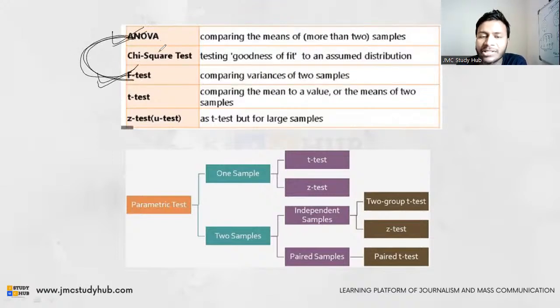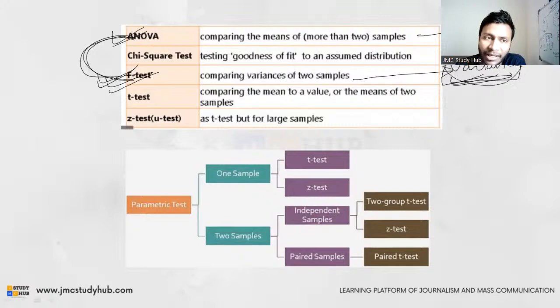The slight differences are there. Here you are comparing by the mean, and here you are comparing by the variance. Here you are comparing by the mean between two samples or more than two samples, and here you are comparing the samples by the variance between the two samples. Okay, so that is the F test.